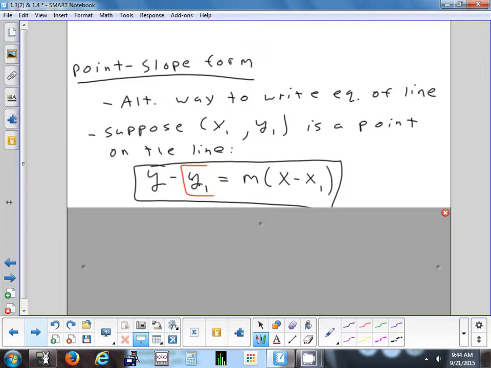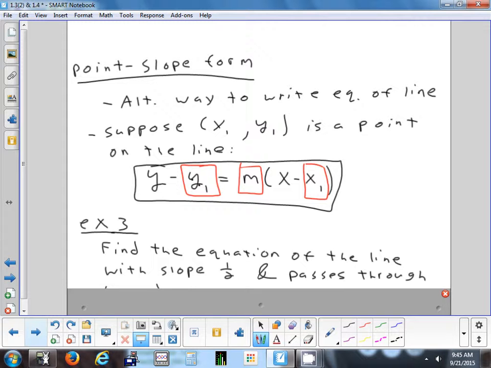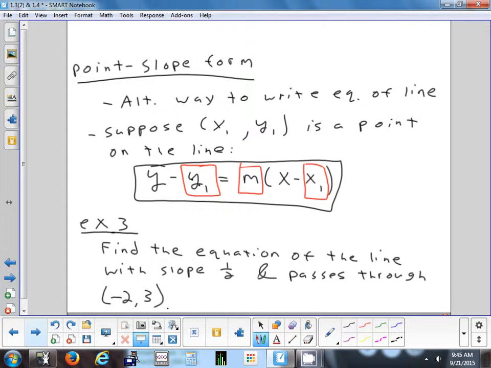And this is what you fill in for when you use it: the y1, the m, and the x1. So I'll give you a point, and I'll give you a slope. Slope is a half. Point, negative 2, 3.